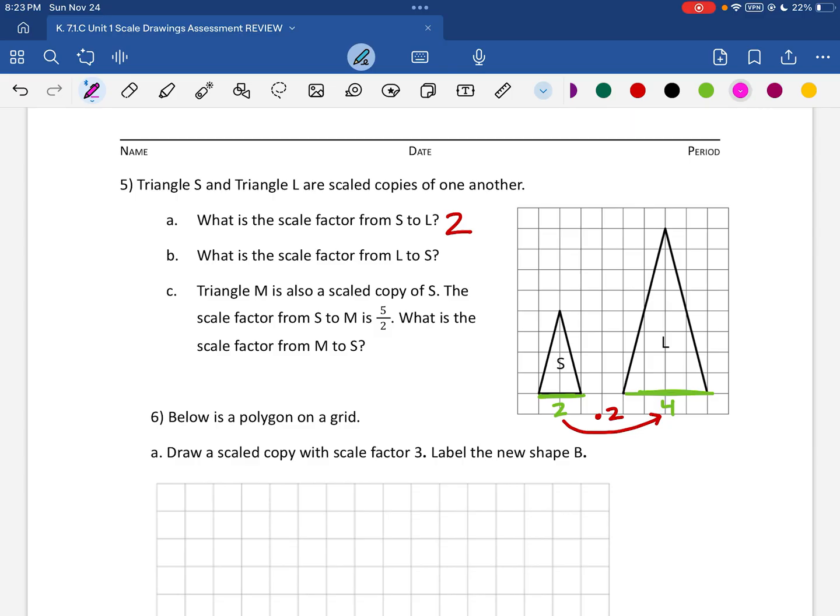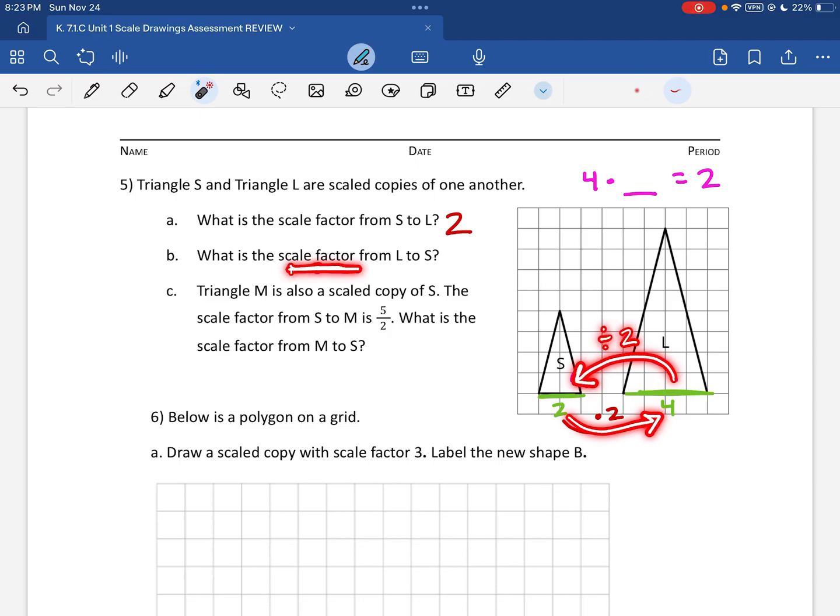This is where it gets to be interesting. If I'm reversing this now and I'm going from L to S, I'm saying, how does a 4 multiply and become smaller to be a 2? This is where I want to be careful, because although we recognize that going forward I might be multiplying, then that means going backwards, yeah, I would divide. However, scale factor is a number that we multiply by.